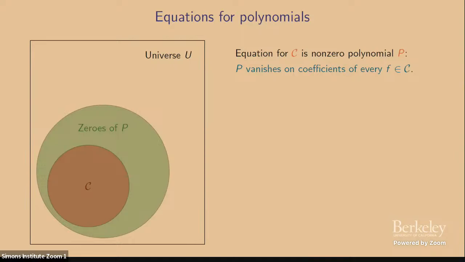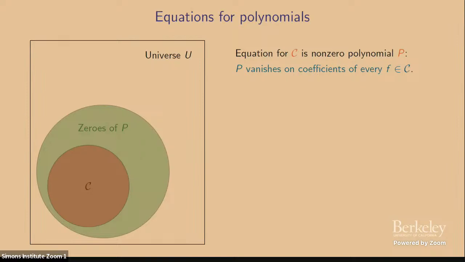You have some class of polynomials, let's call it C. Then a polynomial P, a non-zero polynomial P, is an equation for this class if the zeros of P cover everything in C. And by everything, I mean each object in C is represented as the coefficient vector here. So if the zeros of P cover all the coefficients of everything in C, then P is an equation for C.